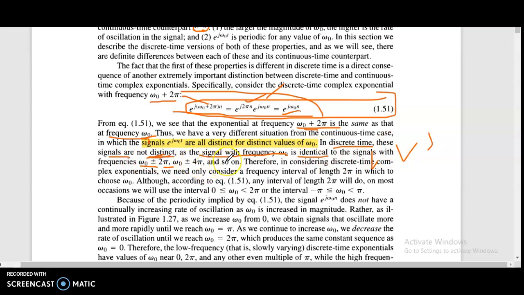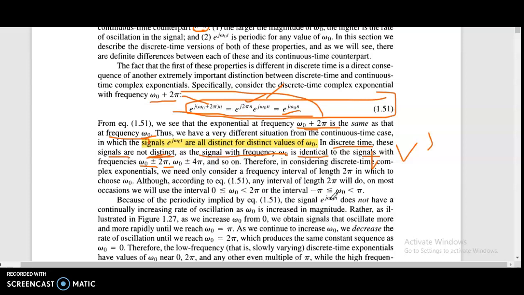The signal with frequency omega naught is identical to the signals with frequencies omega naught plus or minus 2 pi, omega naught plus or minus 4 pi, and so on. Therefore, in considering discrete-time complex exponentials, we need only consider a frequency interval of length 2 pi in which to choose omega naught.